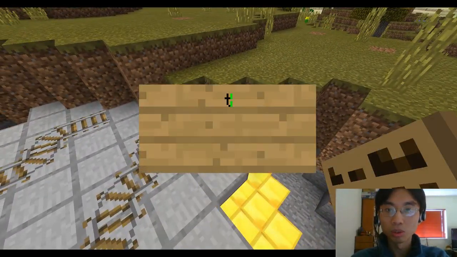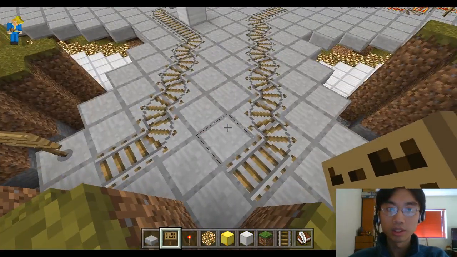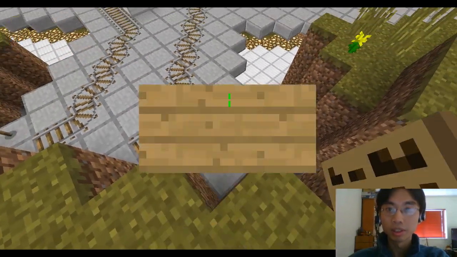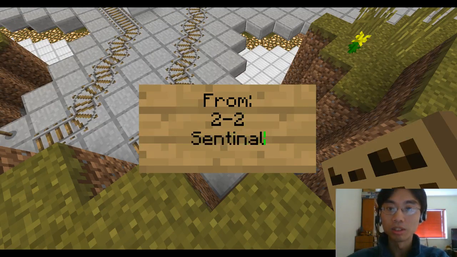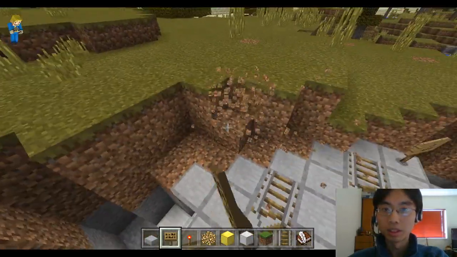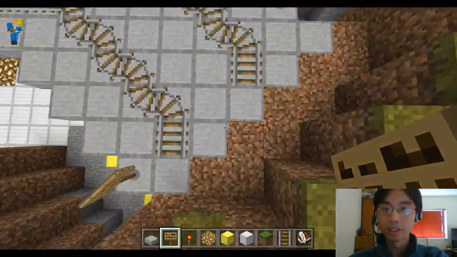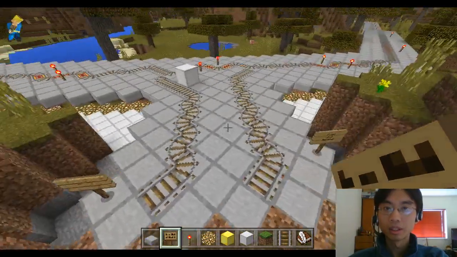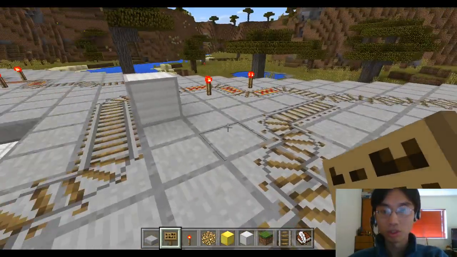This is 2-2 Sentinel, and then this is, well, I can't read this, but from 2-2 Sentinel. Let me just knock that back a little bit. That's never gonna be powered because it always joins that way.